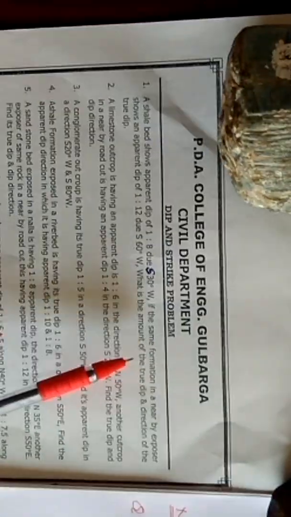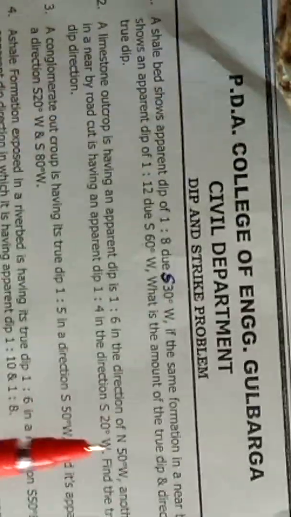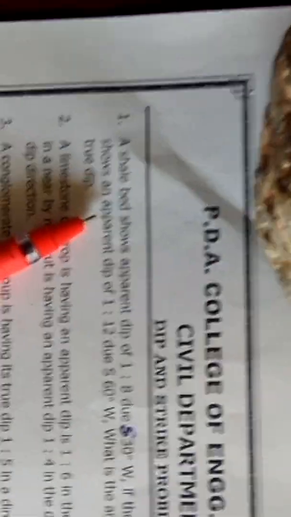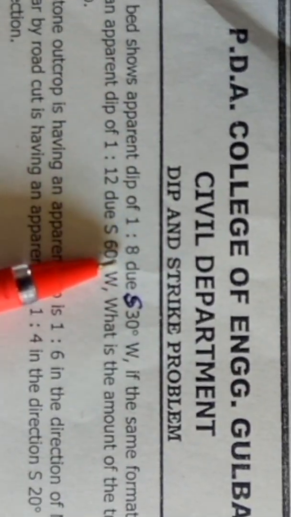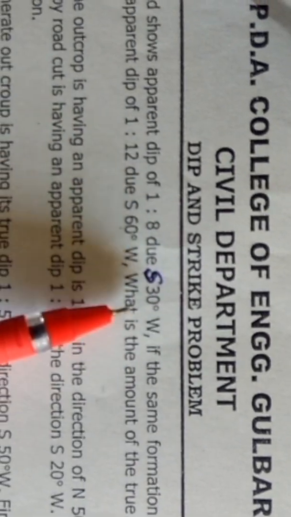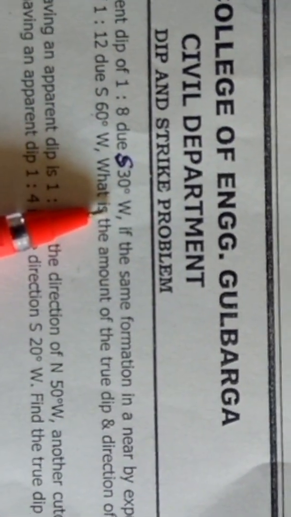Please do read; the question may be articulated in different ways. It may be a shale bed or conglomerate bed or sedimentary bed or limestone bed, and so on. For example, I can read one over here: a shale bed shows an apparent dip of 1:8 due south 30° west.